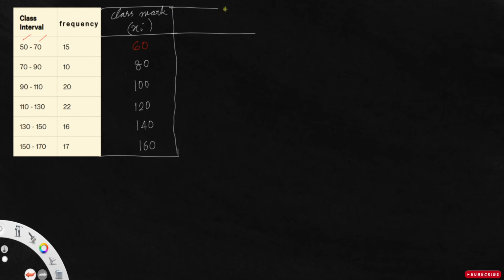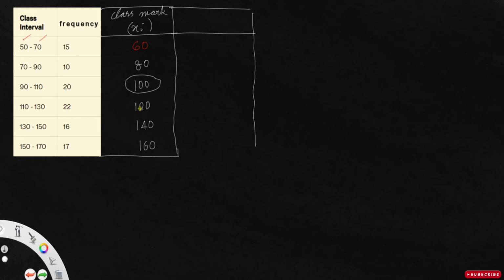Now we have to take an assumed mean. The number of data here is 6, which is an even number, so there will be 2 middle points. It's your choice, you can take any of these 2 values as the assumed mean.